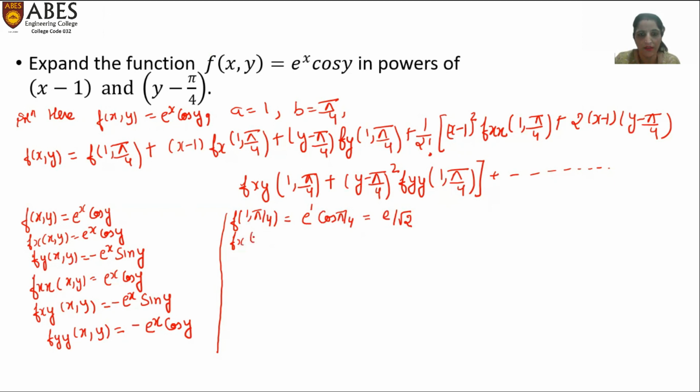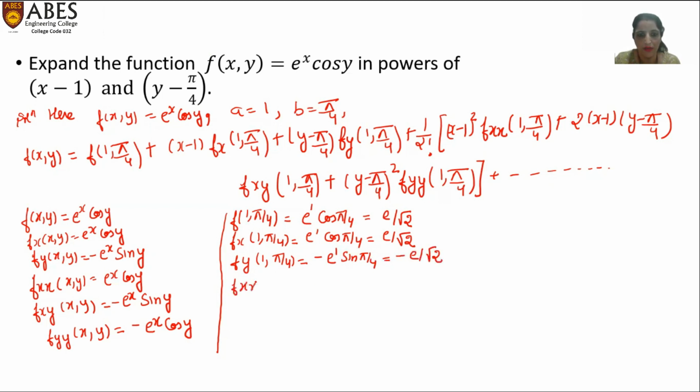The function's partial derivative with respect to x at this particular point is again e^1 cos(pi/4), which is e by root 2. Then the derivative with respect to y at (1, pi/4) is minus e^1 sin(pi/4), which is minus e upon root 2.